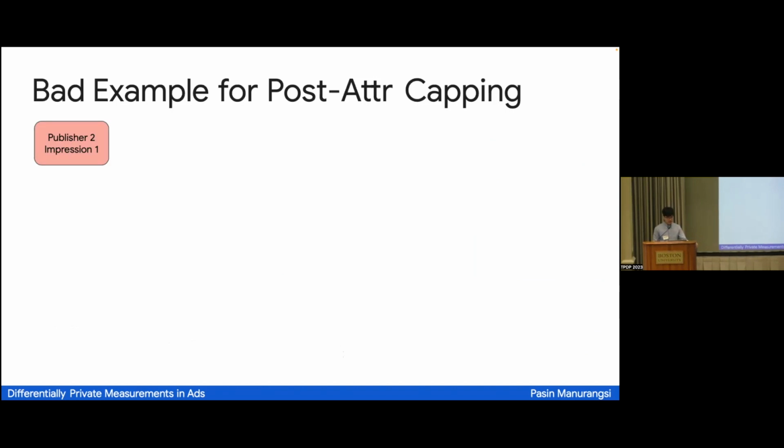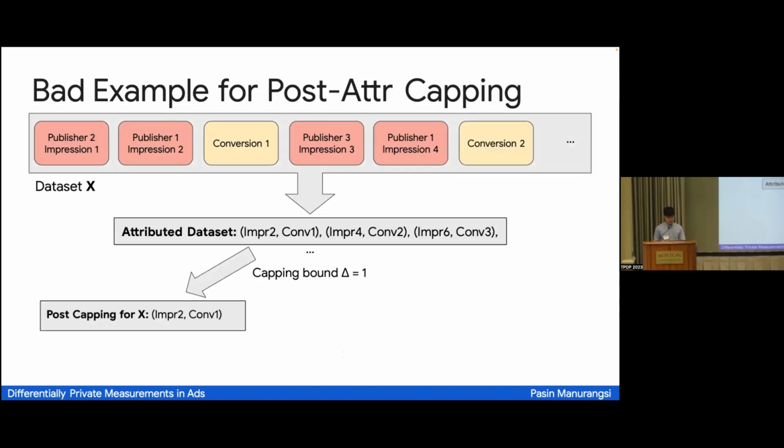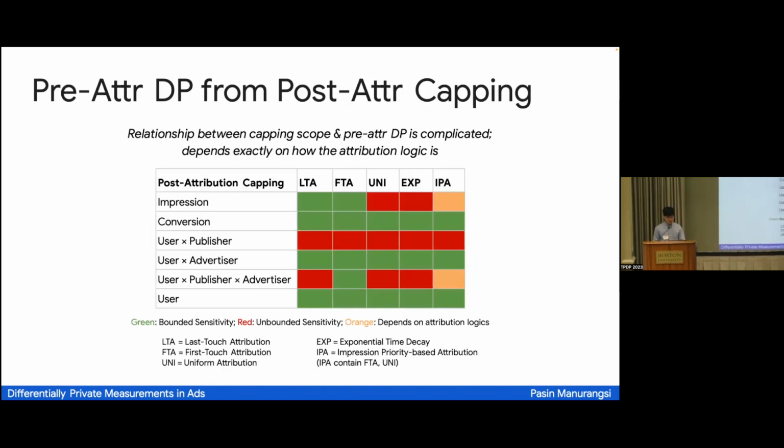I don't think I have the time to go into this example here, but if we do post attribution capping, it's not necessarily giving us the DP notion that we want.